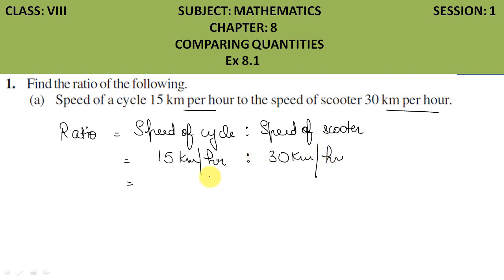Now this ratio sign can be converted into the division one. So this can be written as 15 upon 30. 15 ones are 15, 15 twos are 30. This can be written as 1 upon 2, further written as 1 ratio 2. That means the ratio of speed of a cycle to the speed of a scooter is 1 ratio 2.